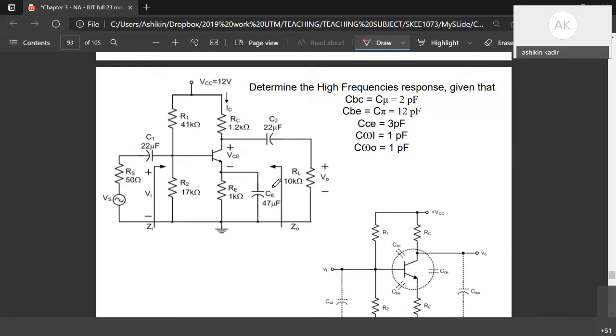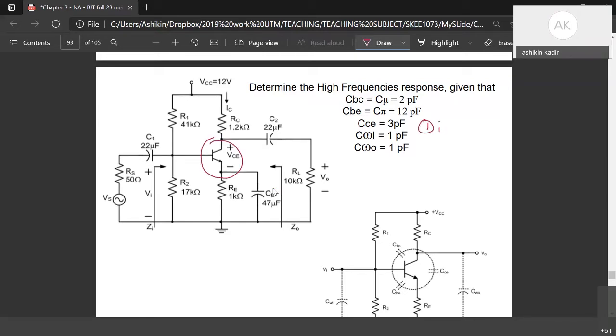So what happened to the circuit is, we know from the theory that during high frequencies, the effect is only caused by the internal capacitance in our active device and also the wiring.